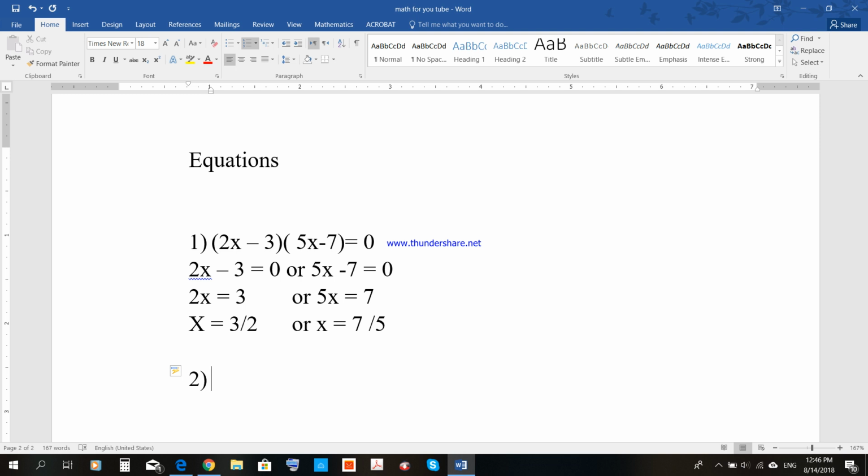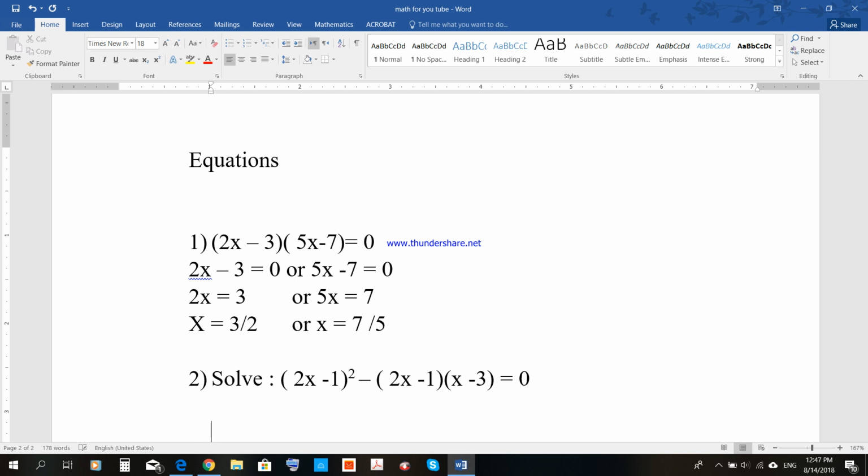For example, he said solve: if we have (2x minus 1) squared minus (2x minus 1) into (x minus 3) equal to 0.